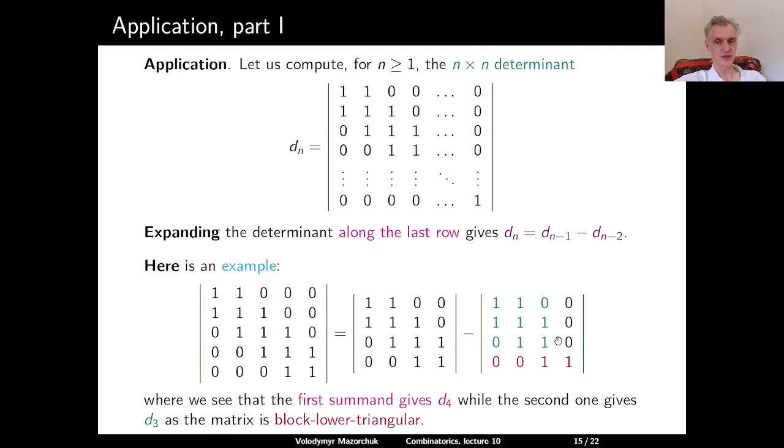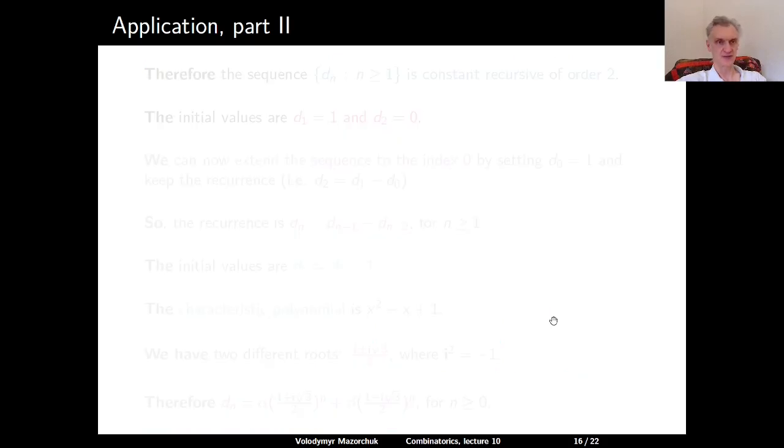And then in this determinant we see that we have here 1, and then here the block diagonal element which corresponds to d_{n-2}. That's a block diagonal matrix. Here we only have 0, so the determinant of this matrix is equal to the determinant of this matrix, which is 1, times the determinant of this matrix, which is d_{n-2}. This gives us our recurrence.